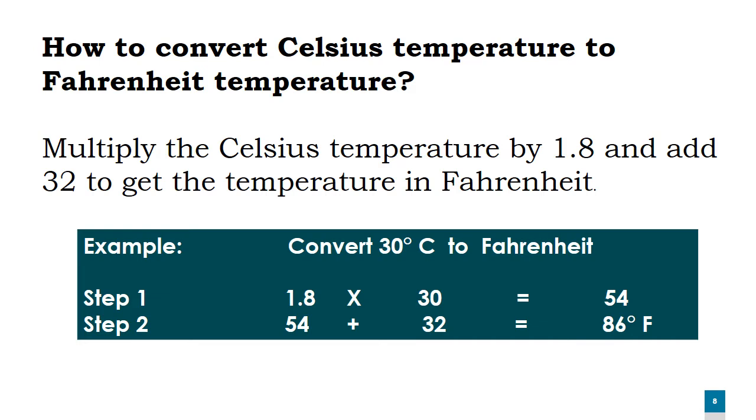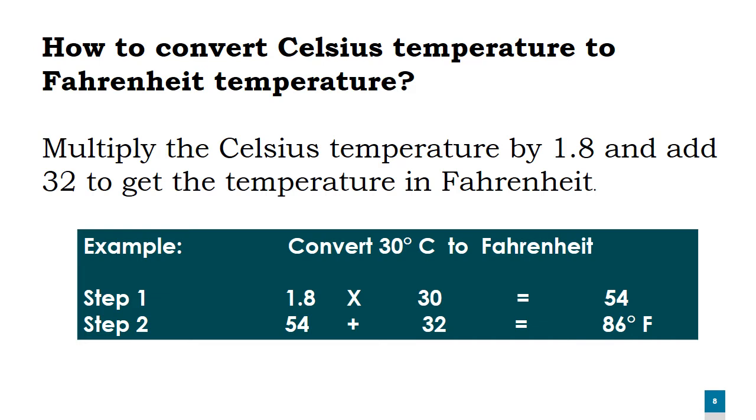Now, how to convert Celsius temperature to Fahrenheit temperature? Most of us have this doubt. When in the news, sometimes in foreign countries, if they say the temperature in Fahrenheit, we get confused how to calculate or convert it to Celsius.